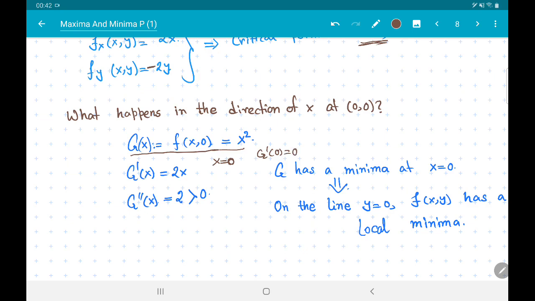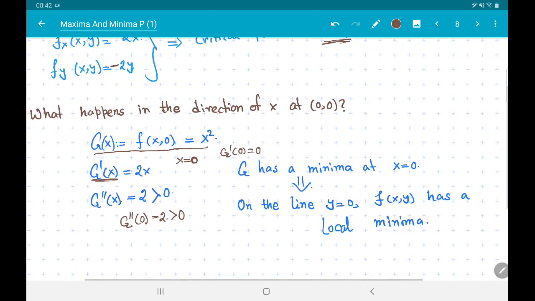And what happens if we differentiate this function once more? g double prime x, the double derivative of g with respect to x, is equal to 2, and of course this is true for all x, and g double prime of 0 is also equal to 2, which is bigger than 0. So by the second derivative test for one variable calculus, on the line y equal to 0, or in the direction of x, g has a local minima at the point x equal to 0.